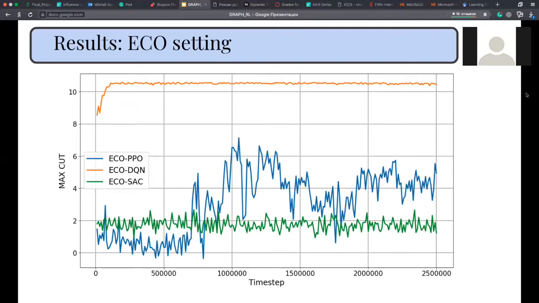Soft actor critic, although unfortunately it oscillates around one value, you will see from the project report, from the loss functions, that the loss decreases and the network manages to learn something.